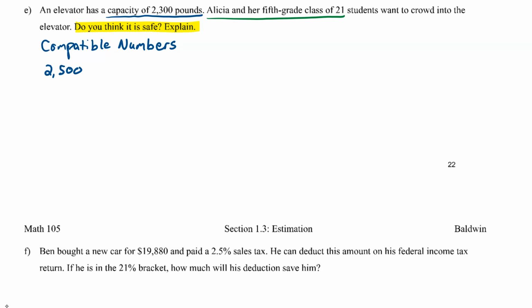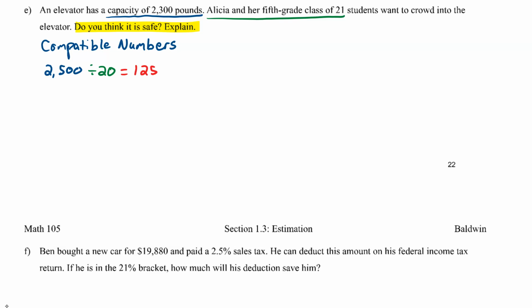So we could estimate kind of close to that would be 20. So we could divide this by 20. And so that gives us 125. So that means we would have 125 pounds per individual.